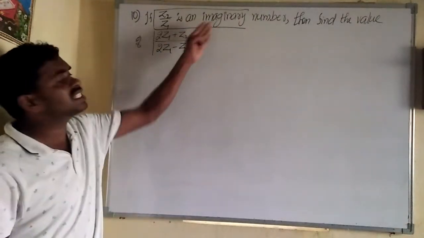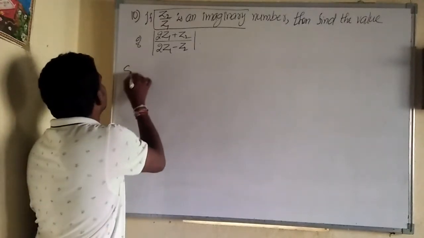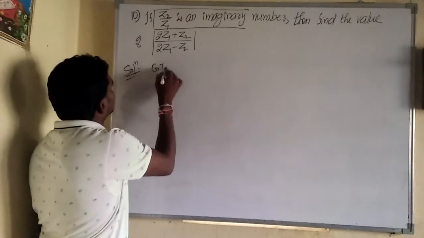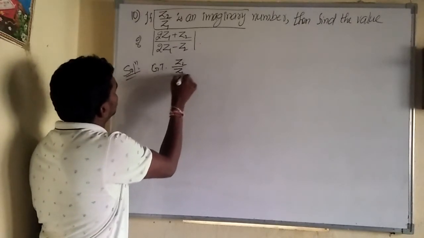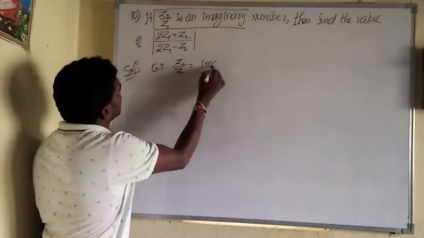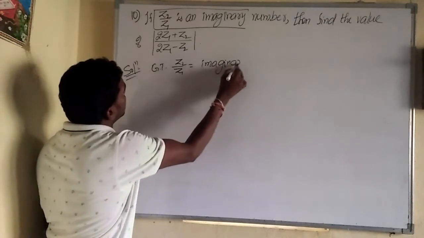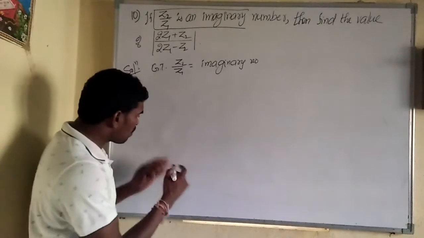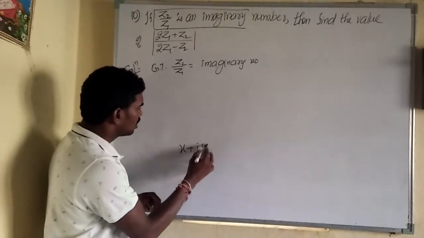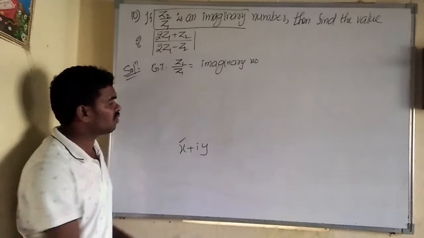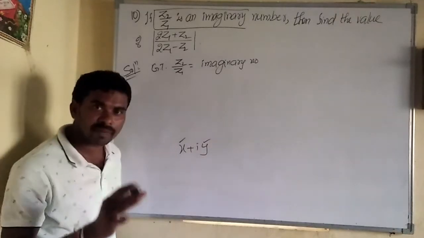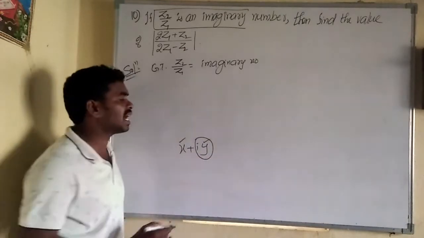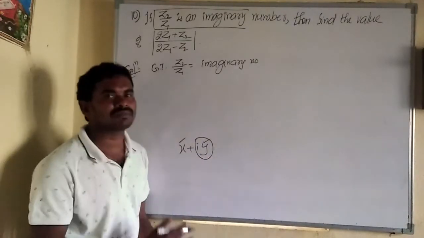z2 by z1 is imaginary, what does that mean? Given that z2 by z1 is equal to an imaginary number. What do you mean by an imaginary number? Yes, in a complex number, x is called the real part, y is called the imaginary part, and i into y can be taken as an imaginary number.